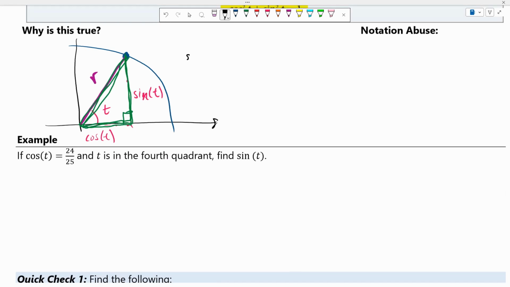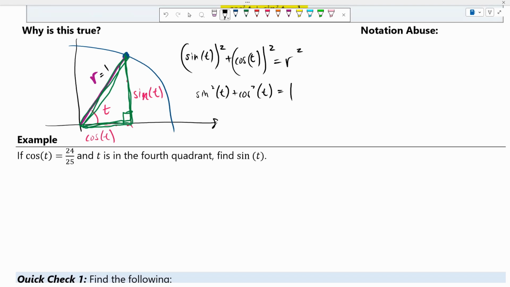So sine of t, whatever that is, squared plus cosine of t, whatever that is, squared has to be equal to r squared. And in this case, we're saying that r is equal to 1. So this is where we get sine squared of t plus cosine squared of t, that all has to be equal to 1.